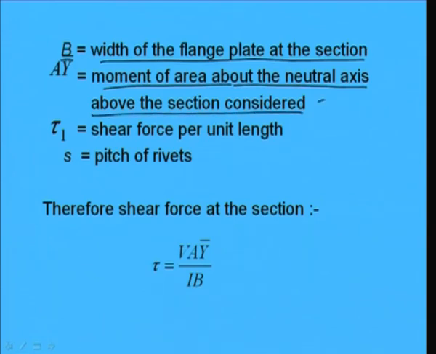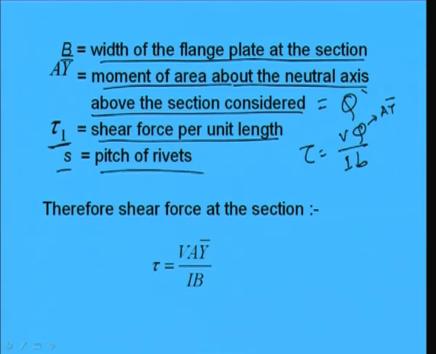That means Q, VQ by IB we used to provide for getting the value of tau. This Q is nothing but A into y bar, right. And let us assume that tau 1 is the shear force per unit length and S is the pitch of rivets.